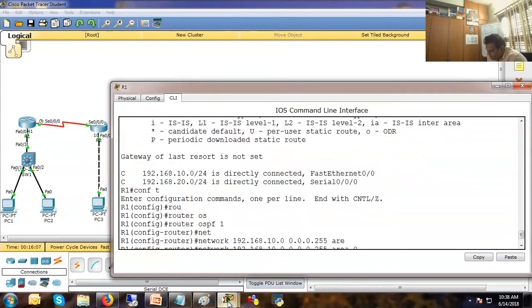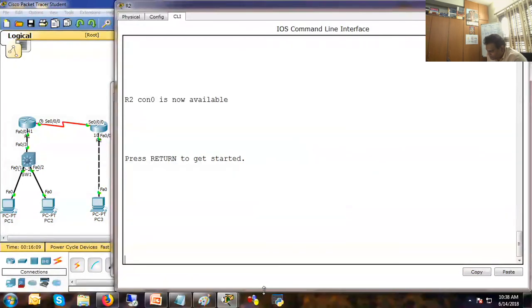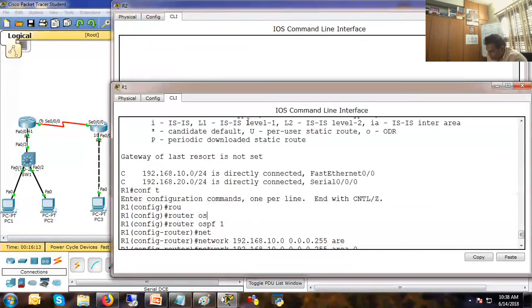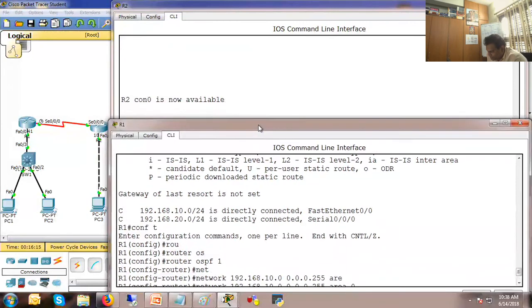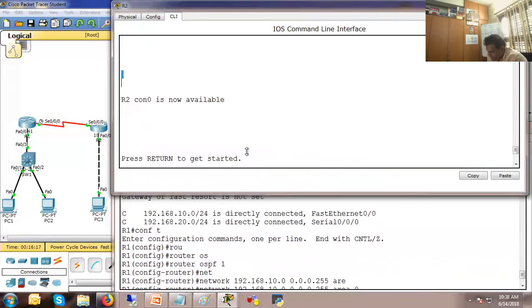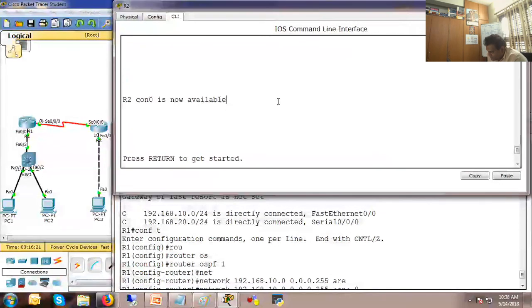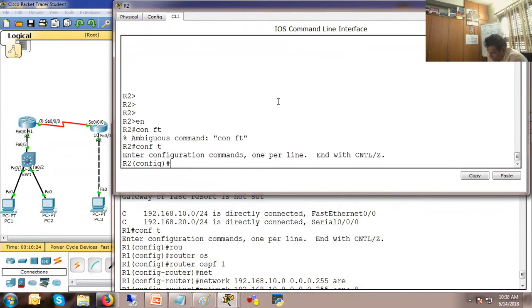Next I'm going to teach on R2. First we will do show IP route.